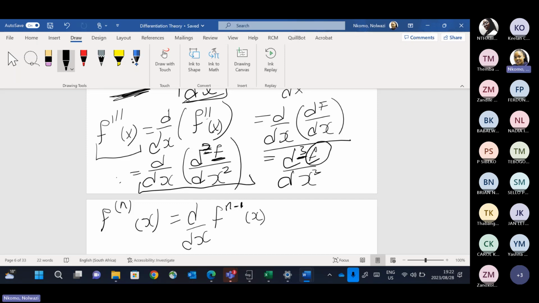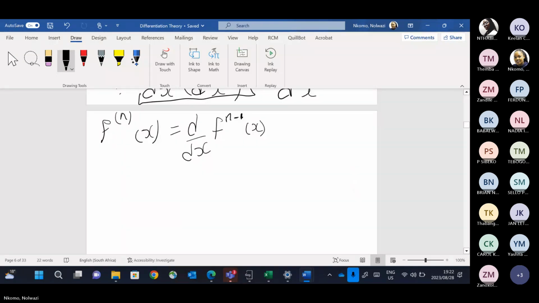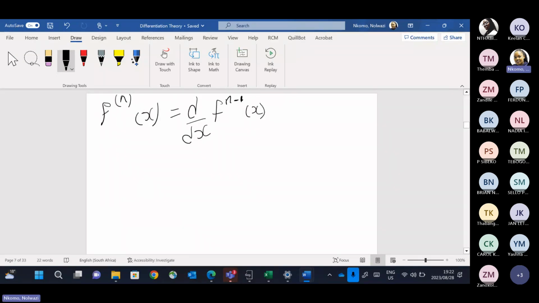Okay, let's do an example here. Suppose you are given your c at x as x to the power 5 over 5, right?